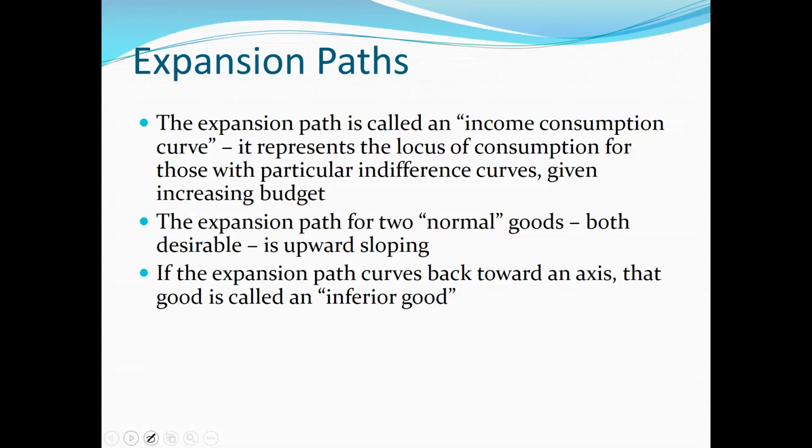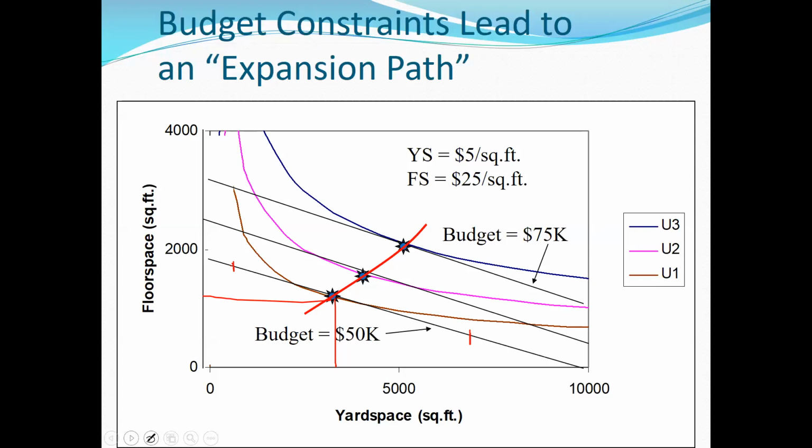The expansion path is called the income consumption curve. It represents the locus of consumption for those with particular indifference curves given an increasing budget. The expansion path for two normal goods, both desirable, is upward sloping. Like you see, both floor space and yard space are highly desirable.